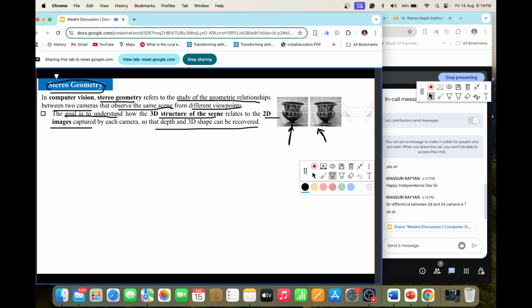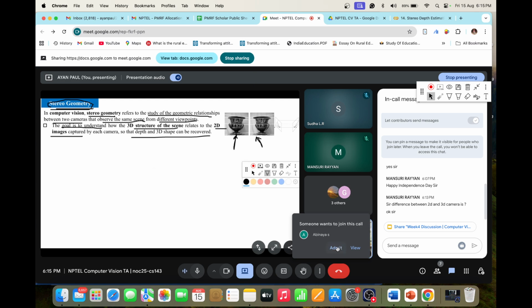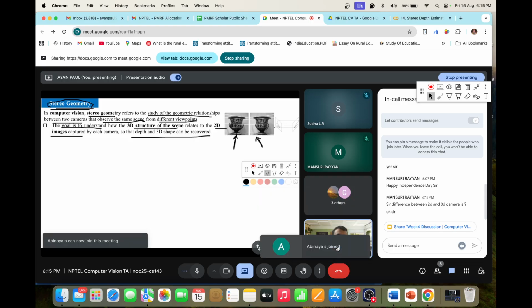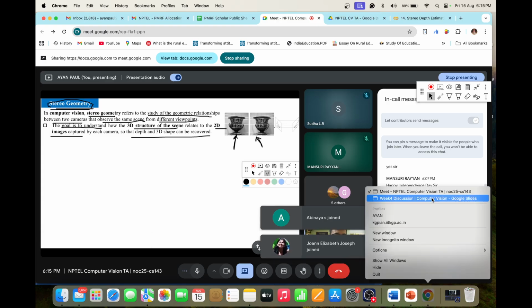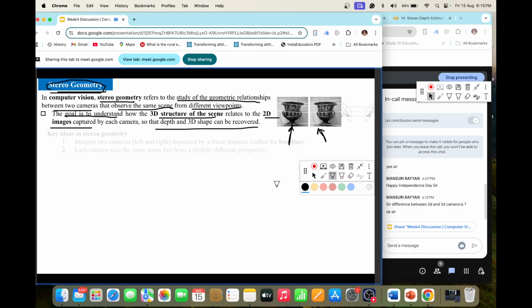So that is known as stereo geometry. By these two images, we can now get the depth of any real space point in this lamp scene. So this is what stereo geometry is.